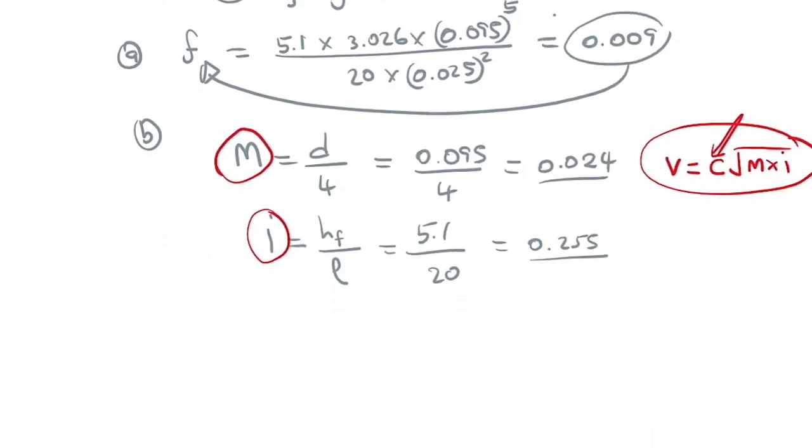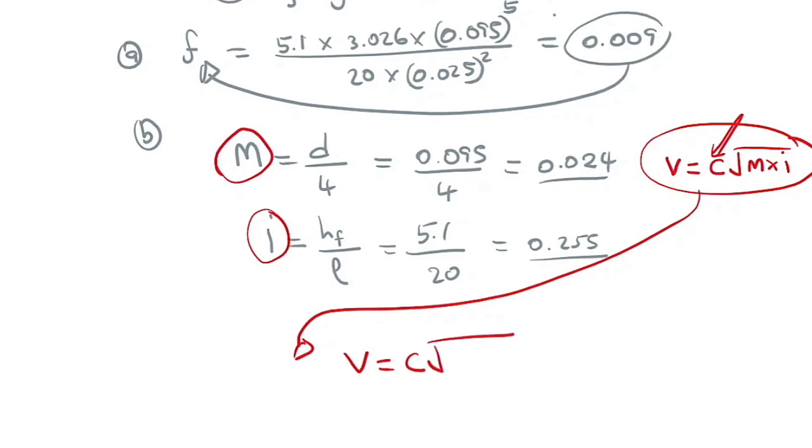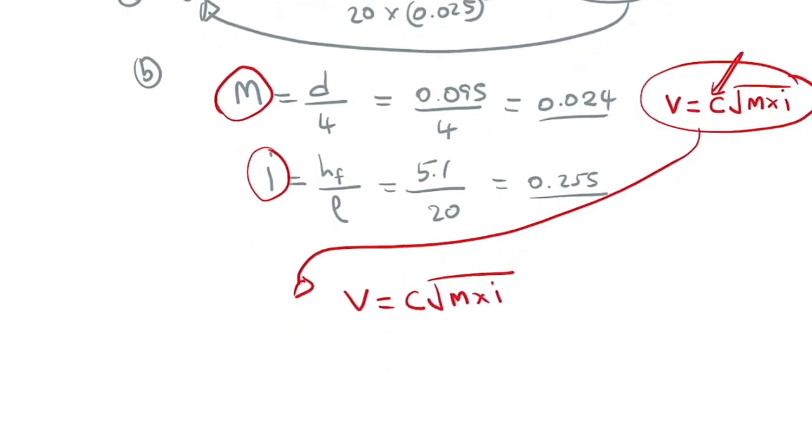Let us take this formula down here. V is equal to Chezy's coefficient times the square root of the hydraulic mean depth times the hydraulic gradient. We're looking for C, so let us make it the subject of the formula.